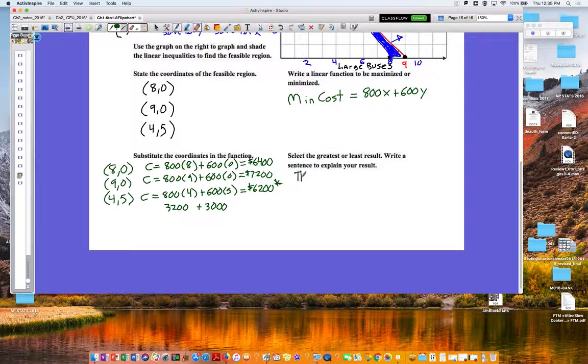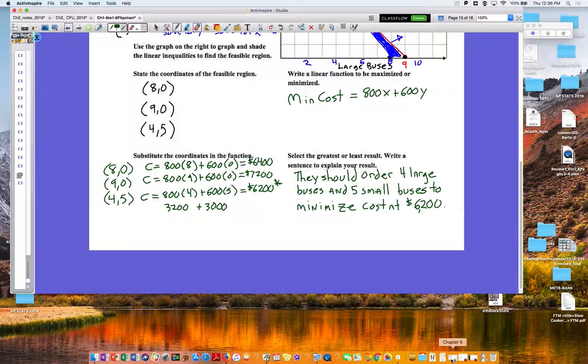So we'll say they should order 4 large buses and 5 small buses to minimize cost at $6,200.